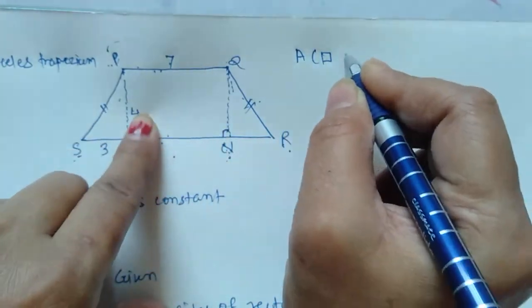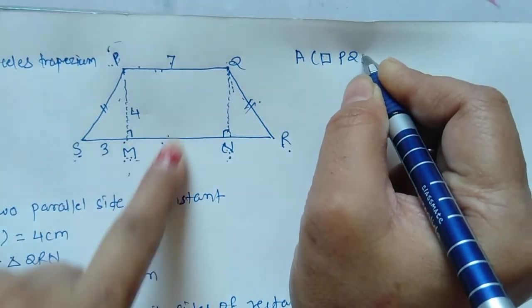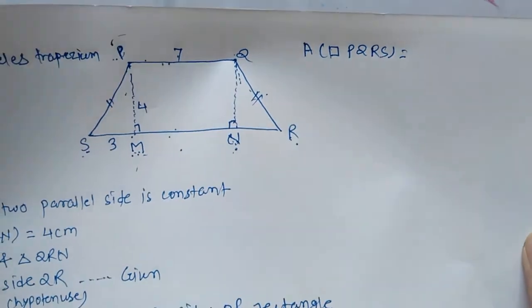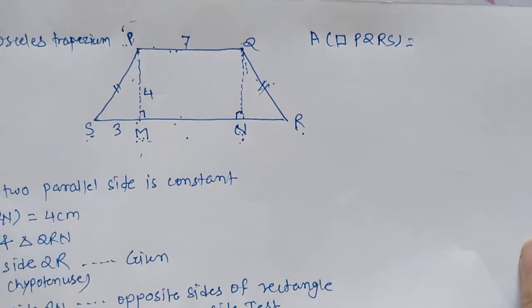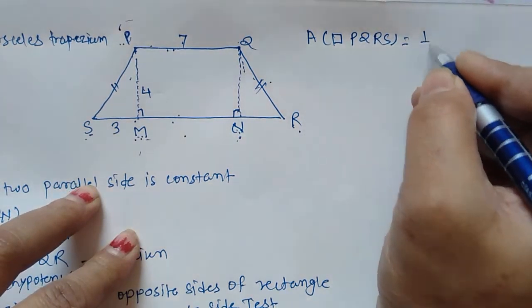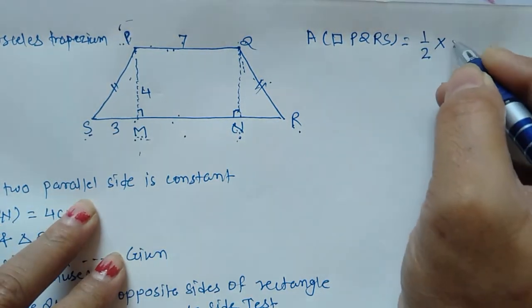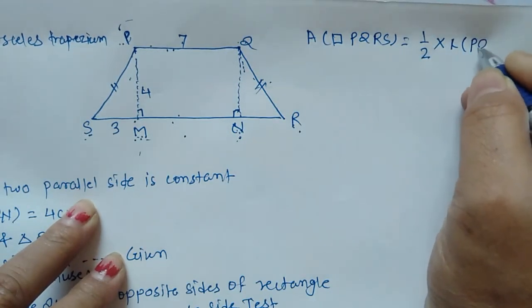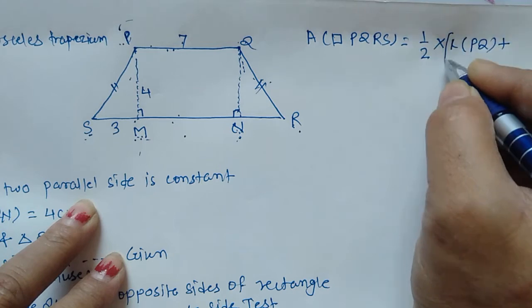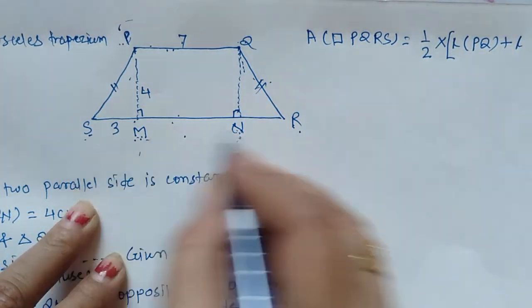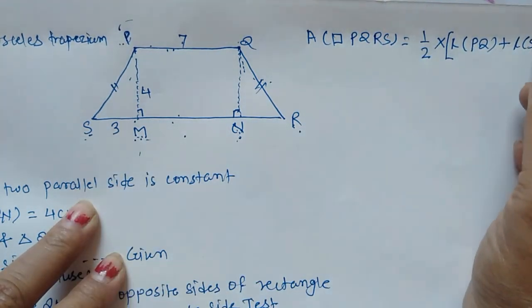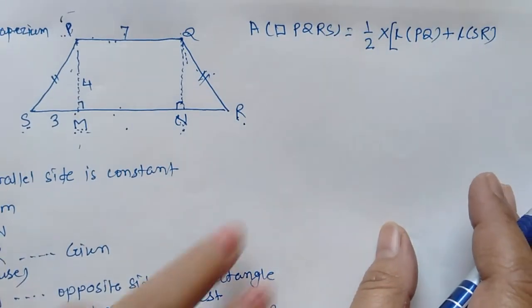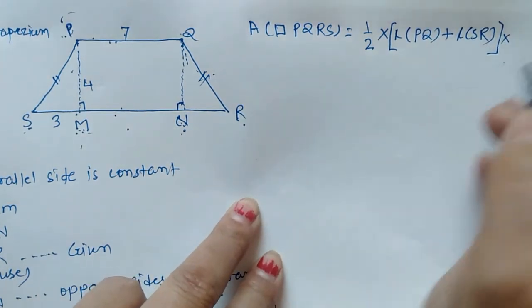Now write down the formula. Area of trapezium PQRS is equal to half multiply by length of PQ plus length of SR, multiply by height.